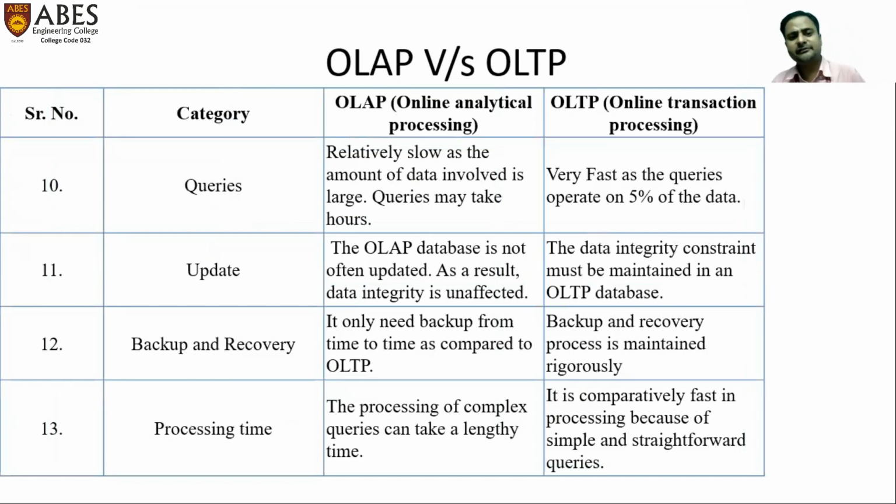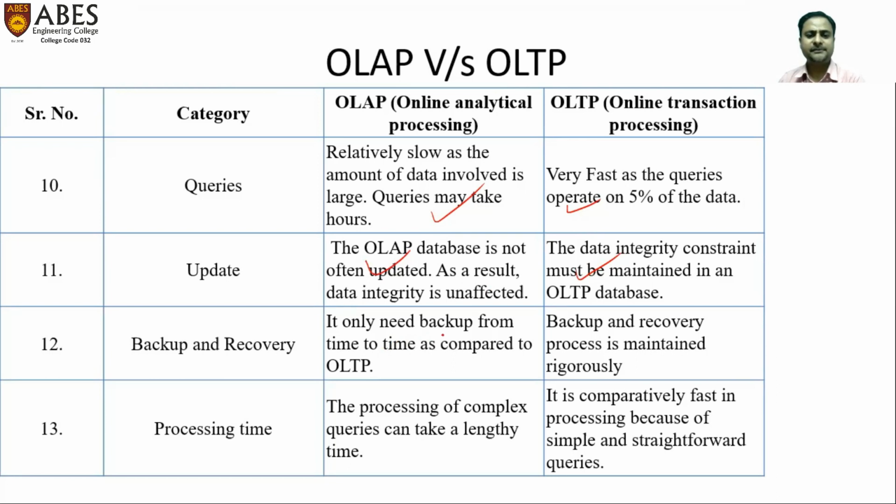Other dimensions of the difference are queries, updation, backup and recovery, and processing time. In terms of queries, OLAP is relatively slow, and OLTP is faster because it is working on a smaller amount of data. In update, OLAP is not often updated, but in OLTP the data is updated frequently.